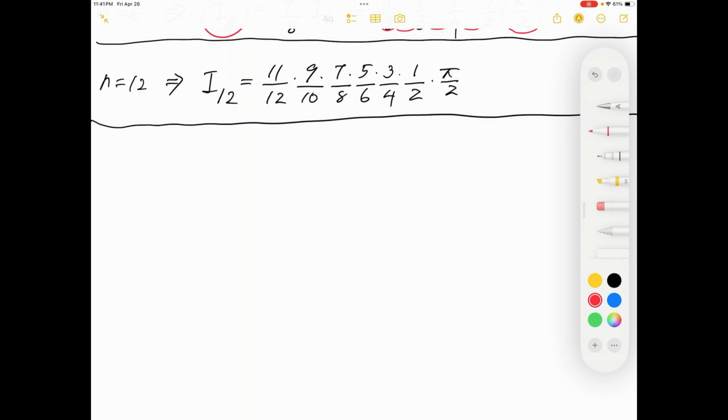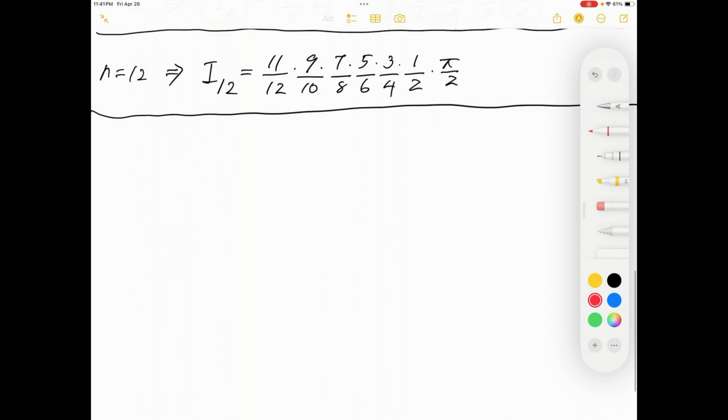Alright, now we can go back to our example. Our example is to evaluate the integral from 0 to pi over 2 of sine 14th power x dx. In that case, we can observe that n is equal to 14. Therefore, we can now write down the final answer straight away. 14 will be in the denominator, and on the numerator, it will be 13.